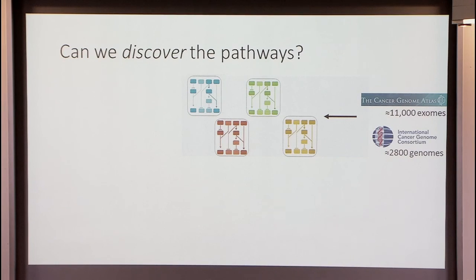So could we go further if we think about cancer as a disease driven by somatic mutations, and those somatic mutations alter pathways? Then could we find the pathways by just looking at where the mutations happen in combination? Could we discover them? We've got a lot of data, with more coming, so it's almost a natural perturbation experiment.